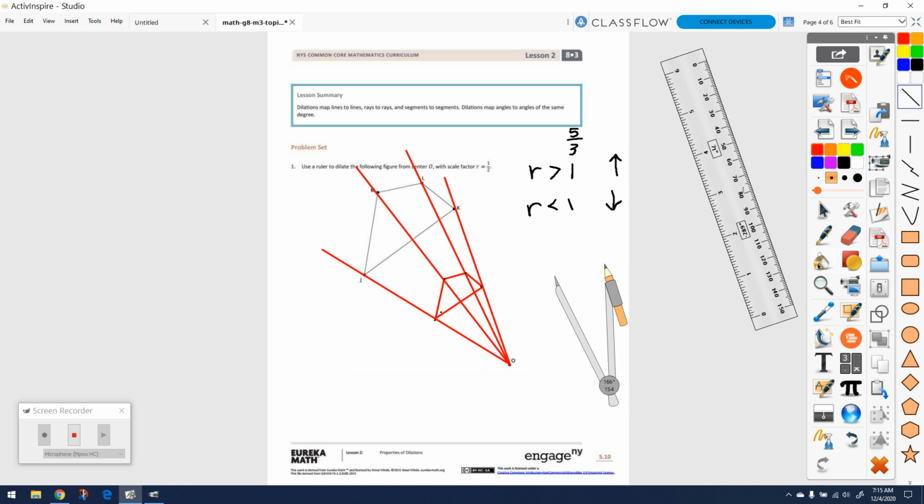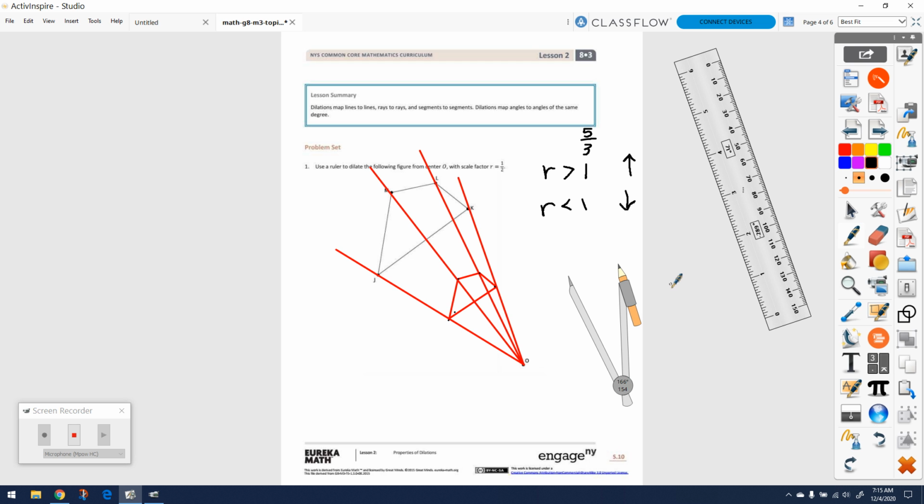All I have to do is label my points. And as I label them, I have my J prime, M prime, L prime, and K prime. So we have dilated it by 1/2.